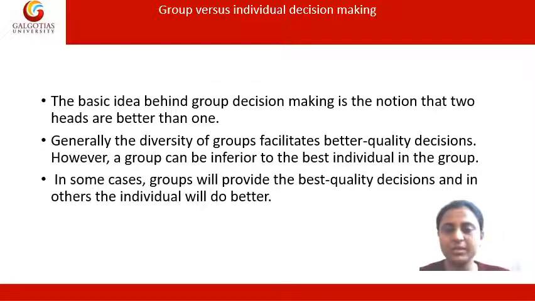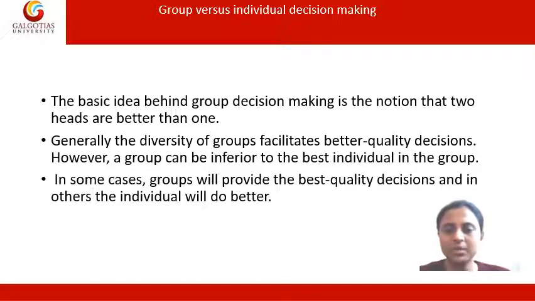So generally the diversity of the group facilitates better quality decisions. But this will not stand valid if a group is inferior to the best individual in the group. So in some cases, groups will provide the best quality decisions, and in other cases, the individual will do better.